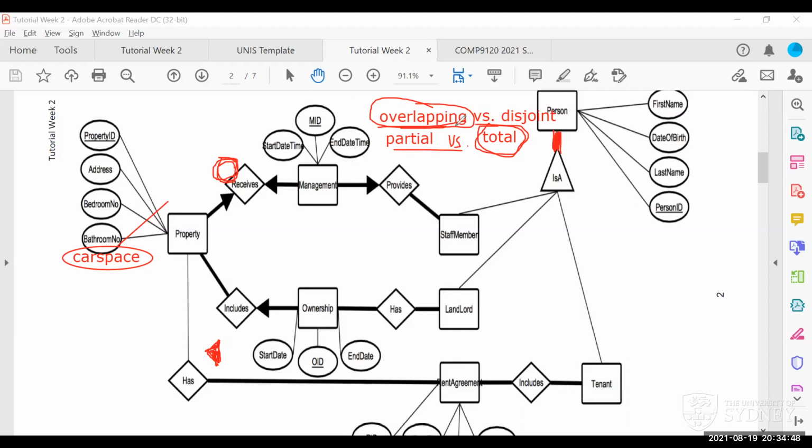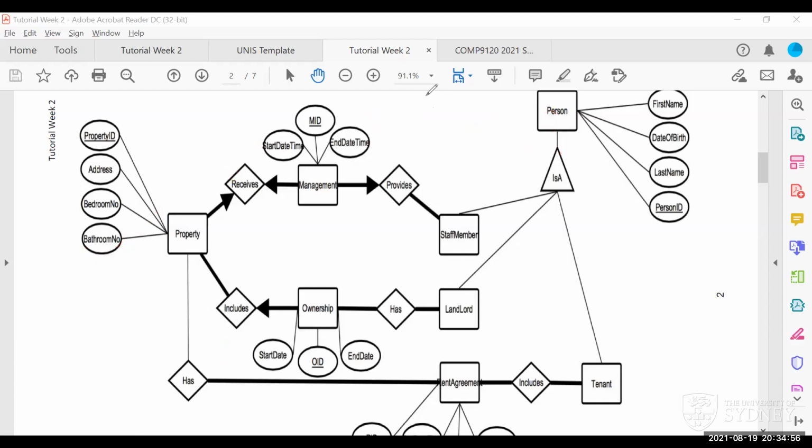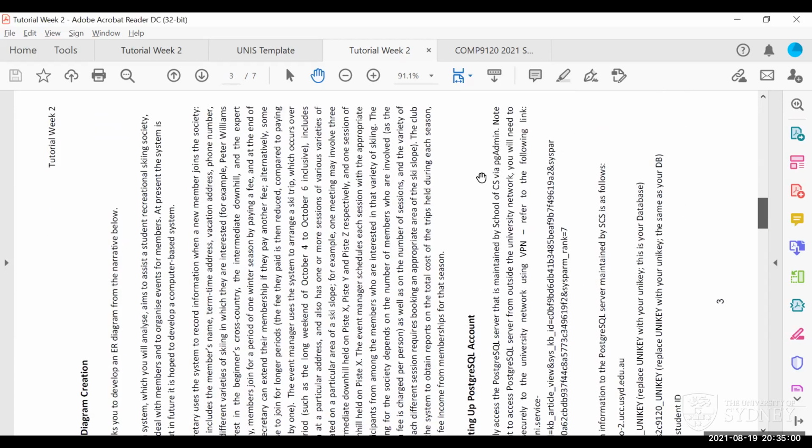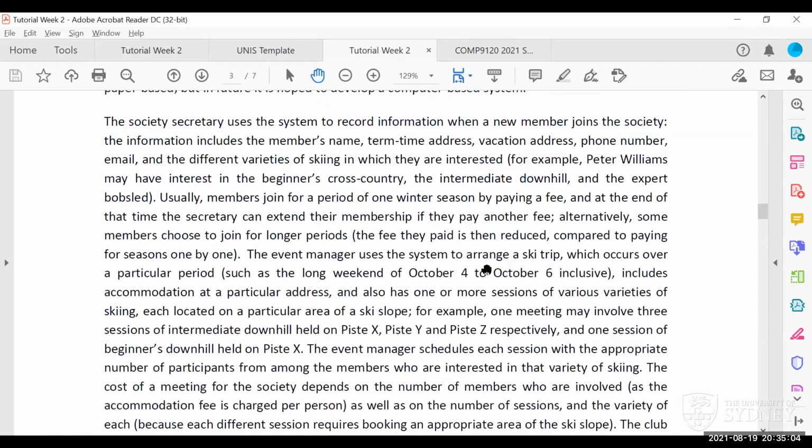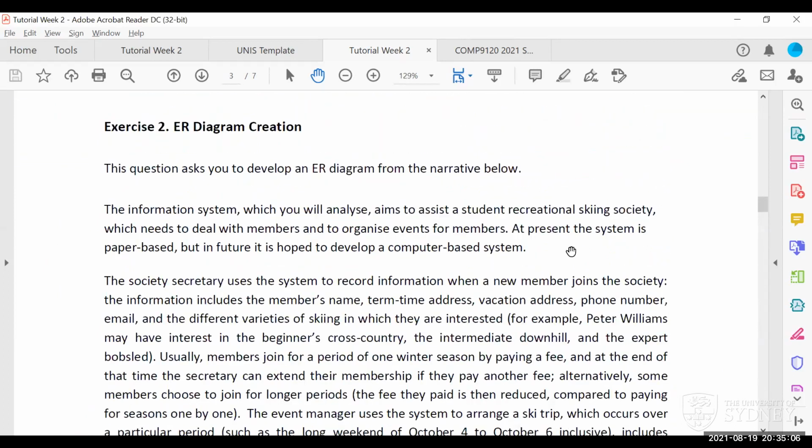Okay, so let's move on to the second exercise. Let me just clear my drawings. So let's have a look at the second exercise. The second exercise is a task that requires us to model an ER diagram.